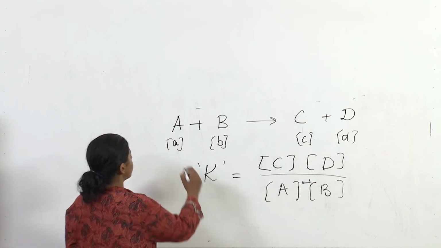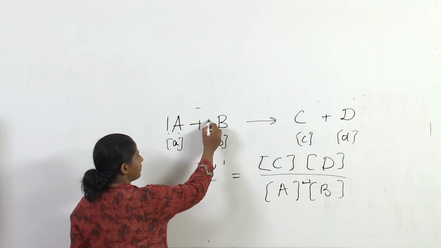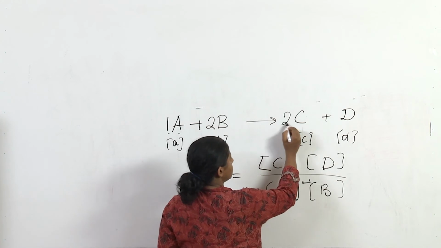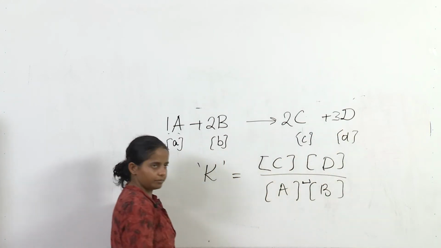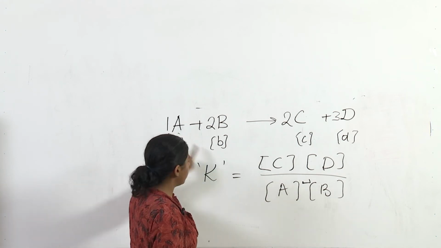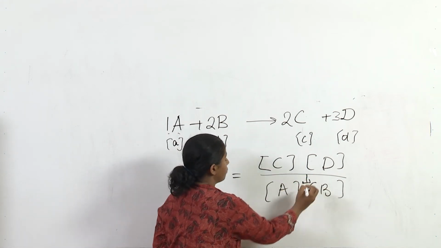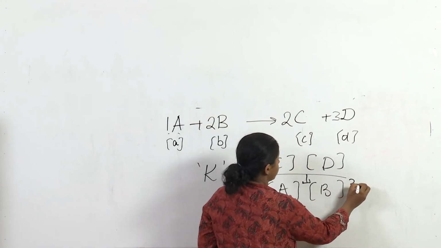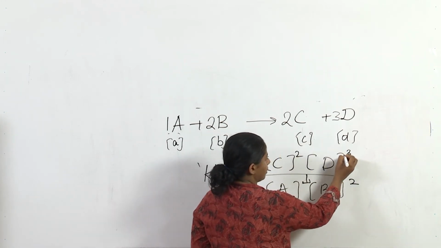So let us say I have 1 A combining with 2 B producing 2 C and 3 D. So in this equilibrium constant, the exponent for A would be 1, exponent for B would be 2, for C it would be 2 and for D it would be 3.